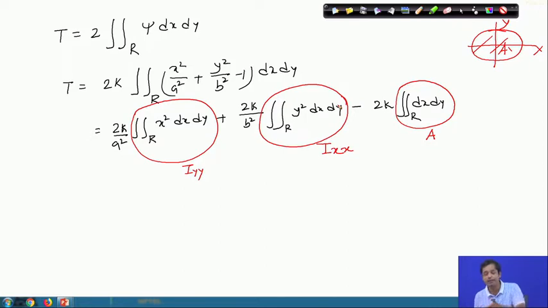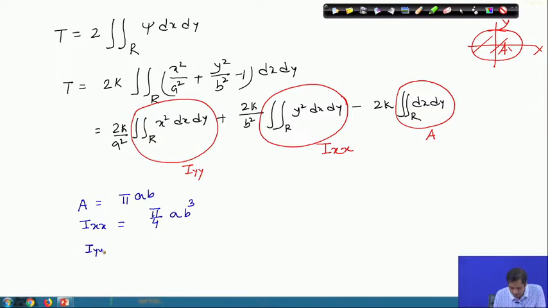Now, for an elliptical section like this, we already know these values. The area is equal to pi into a b, the second moment of area about the x axis is pi by 4 into a b cube, and Iyy gives you pi by 4 into b a cube.